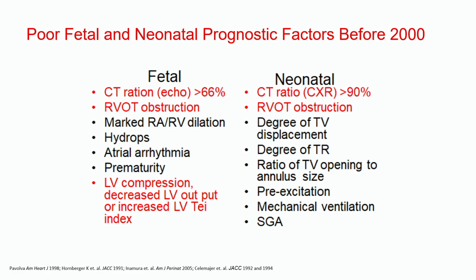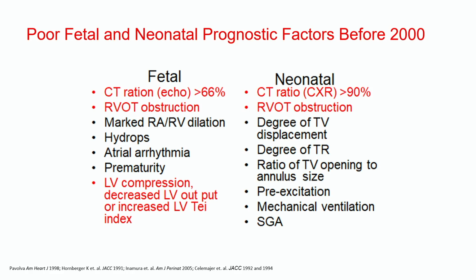So before the year 2000, we had a pretty good idea of the poor prognostic features, but it was more a bird's eye view. And in the last 20 or 30 years, we've gotten much more specific about these. So CT ratio during fetal life of greater than 66%, right ventricular obstruction, and the LV compression, and poor left ventricular function.